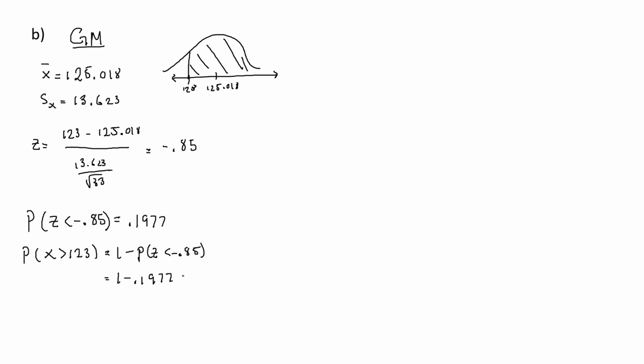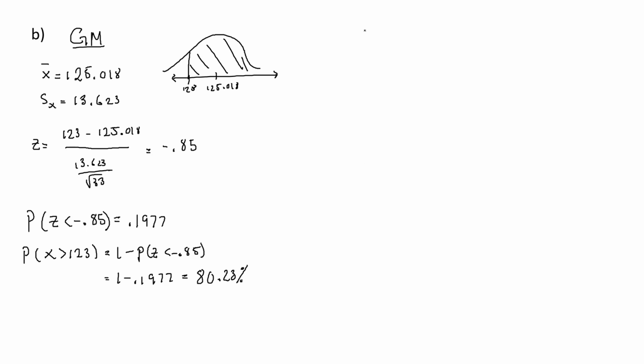We can see that the probability of getting 123 bushels per acre or more for GM corn is approximately 80.23% of the time.